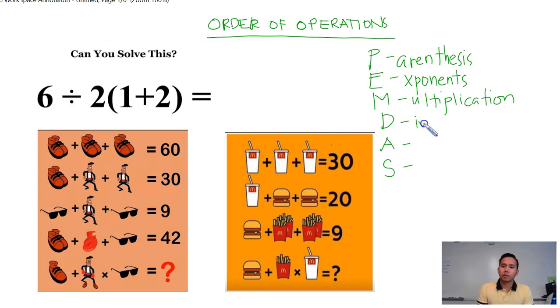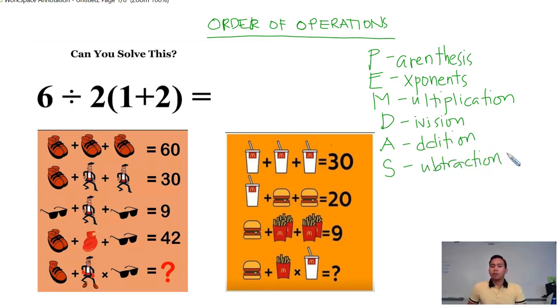Your D is division. Your A is addition. And your S is subtraction. Okay, so this will be our baseline. This will be our foundation on solving order of operation.